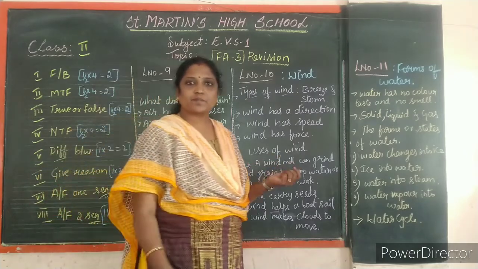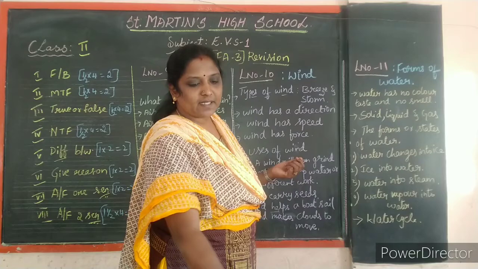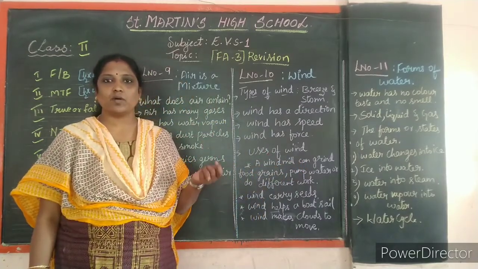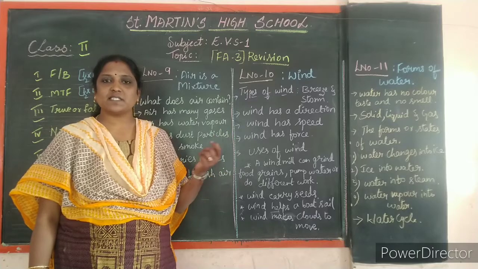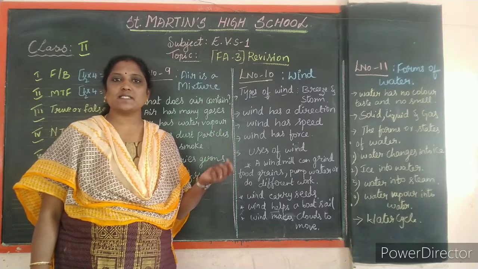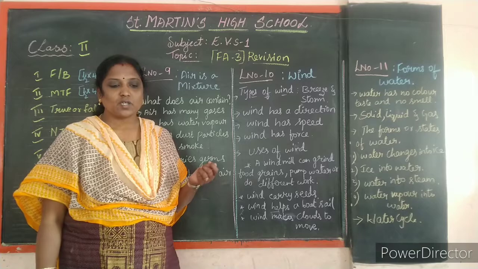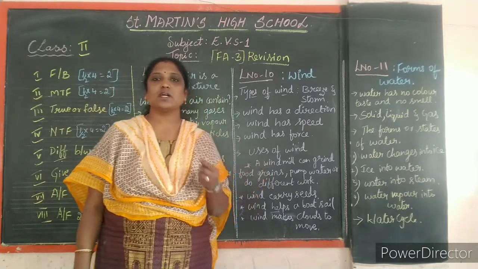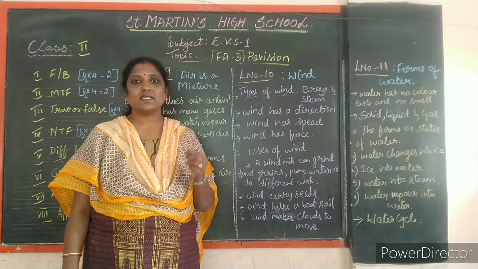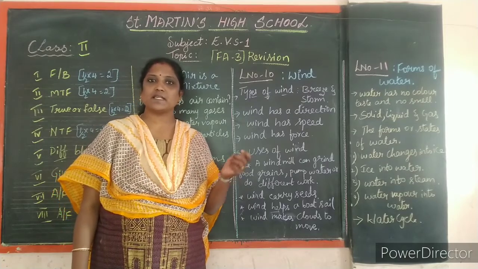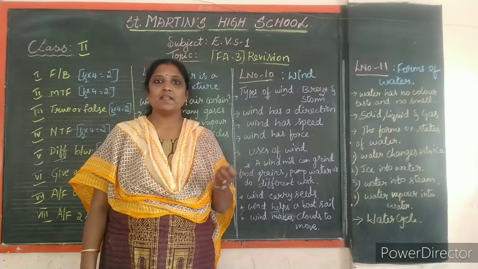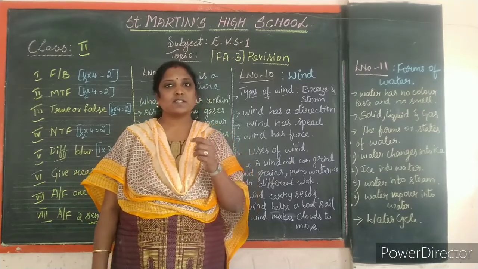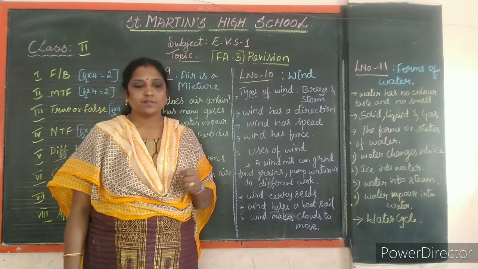When the light from a torch passes through, you can see the dust particles, not only from the sunlight. So you can see the dust particles when you focus a torch in a dark room also.